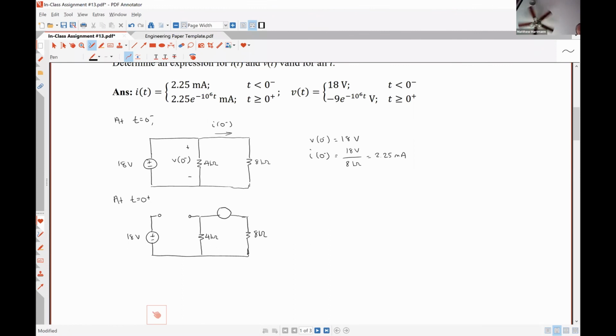The direction of the current source will be the same as the indicated direction of our inductor current I. So if I is flowing from left to right, the current through our source needs to flow from left to right. If the magnitude of the inductor current at t equals 0 minus is 2.25 milliamps, then at t equals 0 plus it needs to be 2.25 milliamps.